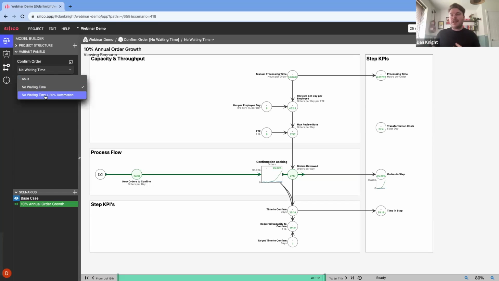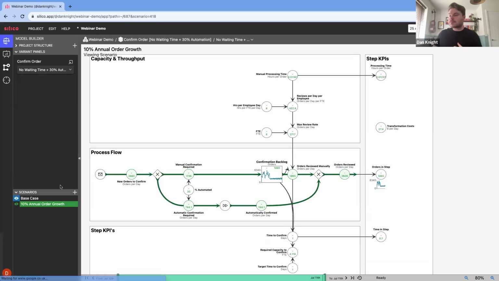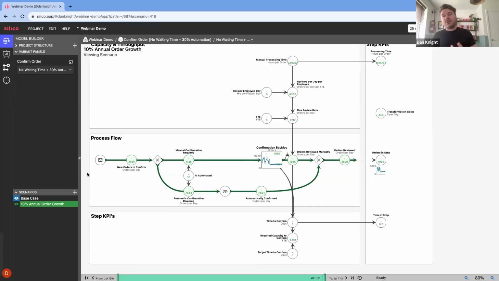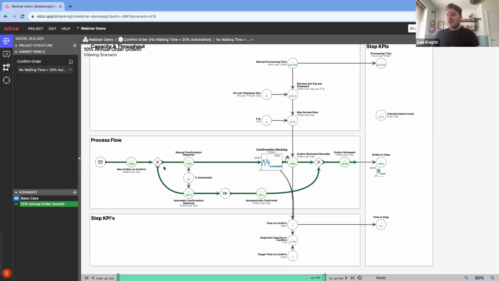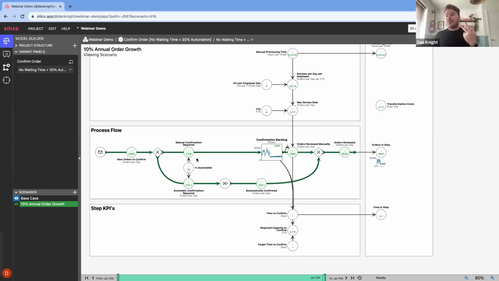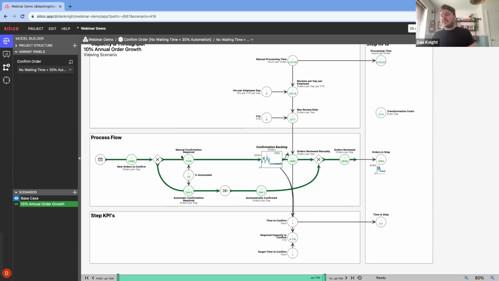So we have here another scenario set up with the waiting time removed and 30% automation added to the process. Now we can see that the process has changed quite differently from what we saw before. The orders can come in. We then have a branching of an automation percentage, and we can see that 30% are now automated and go straight through to the next phase of the process. 70% still require manual confirmation, but the big thing we can see here is that the backlog has been removed.